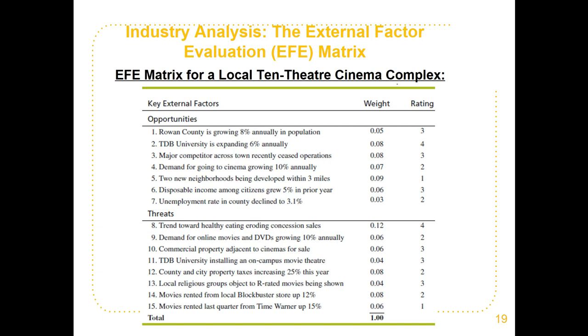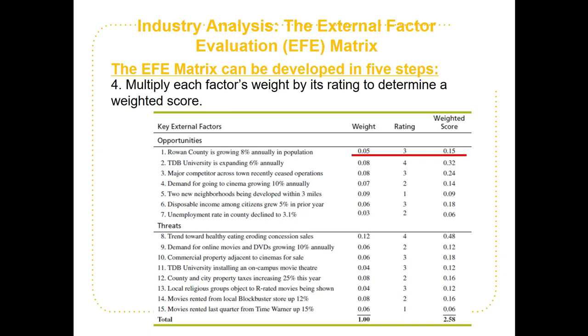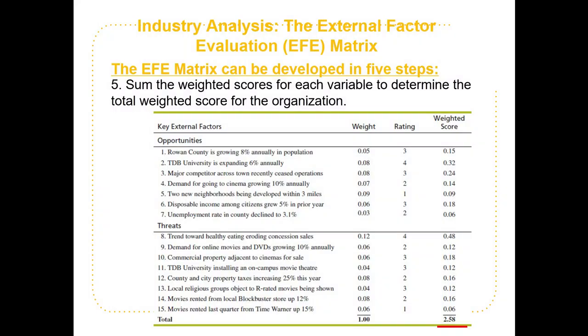When you're done rating your external factors, you multiply the weight and the rating to get your weighted score. After that, you total it to get the sum of the weighted scores for each variable, to determine the total weighted score for the organization.